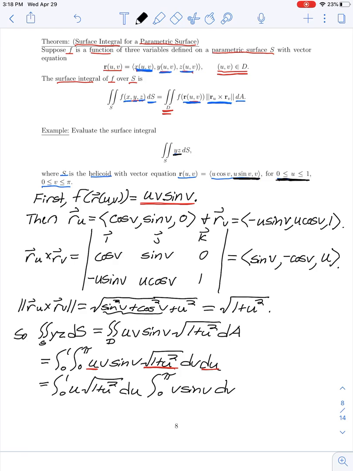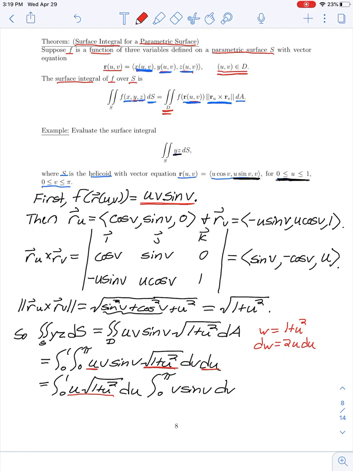So let's look at our first integral with respect to u. Here we have u times the square root of 1 plus u squared. A little scratch work to the side here. If we were to use a u substitution, well, we're using u already, so let me make this a w substitution. If I let w equal 1 plus u squared, then dw would be 2u du.